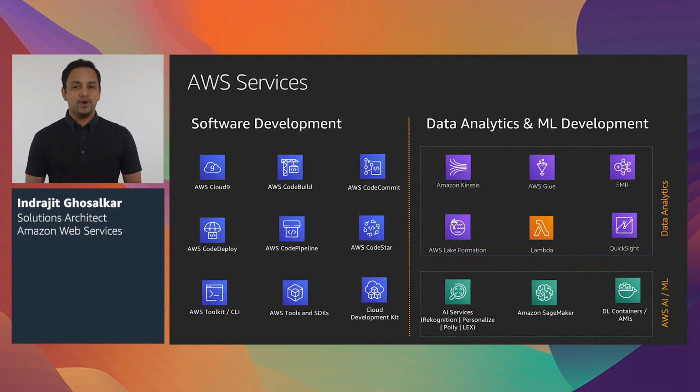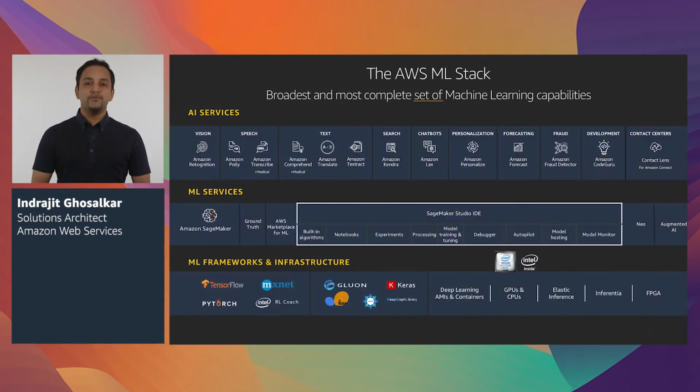Now, if you think for a while, machine learning lifecycle primarily can be broken into two segments: data analytics and machine learning. Okay? So on that note, let's explore the world of AWS machine learning services. Here you see the most comprehensive tools and services you can find for your AI and ML use cases.